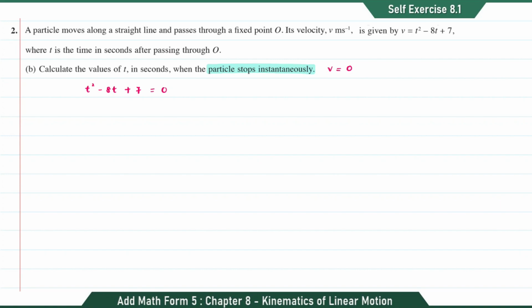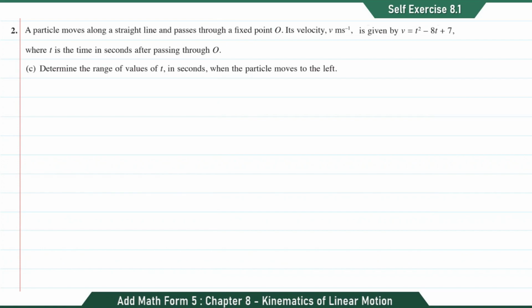Here we can use the factorization method to solve this quadratic equation. It will be t minus 7, t minus 1 equals 0. Then t is equal to 7 or t is equal to 1. This means the particle stops instantaneously 2 times, at t equals 1 and at t equals 7.